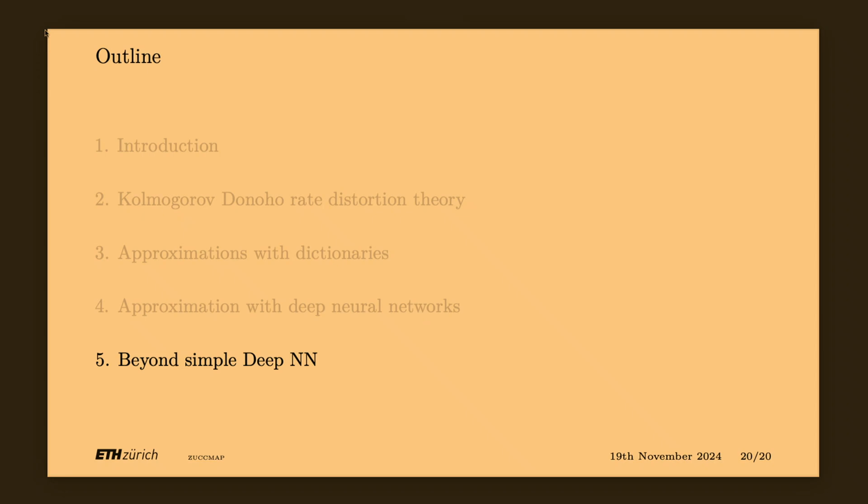By employing this Kolmogorov-Donoho rate-distortion theory and using a lot of other results that have already been shown in the past, you can translate the results to the field of neural network approximation, or recurrent neural network approximation, or transformer approximation, or whatever you want. So this is just what I wanted to say about what one can say for other different objects.